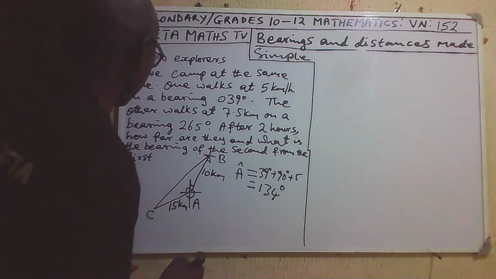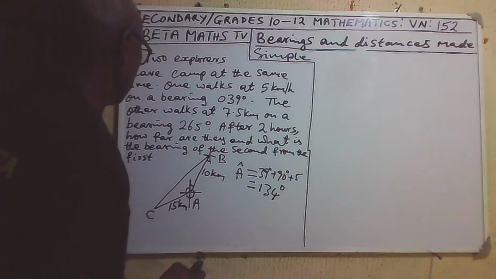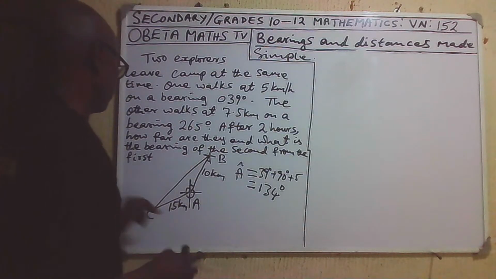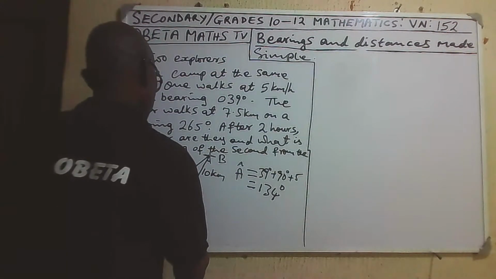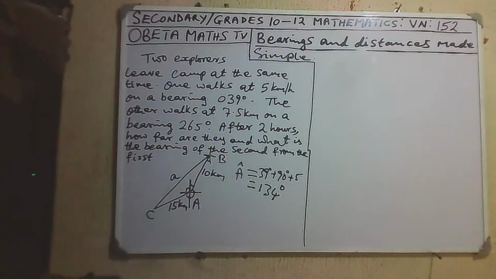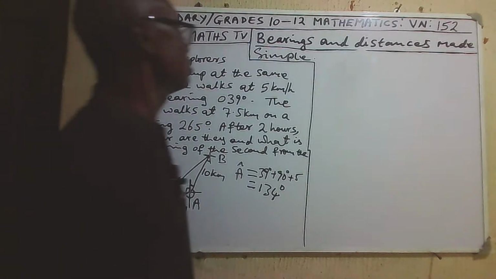Now for us to find the distance from B to C, this is our small a, and we are going to use the cosine rule.